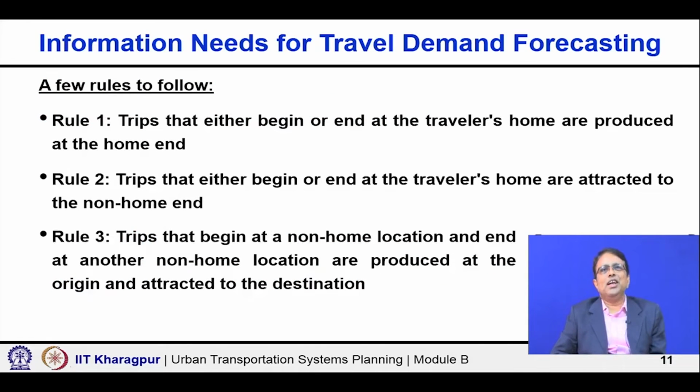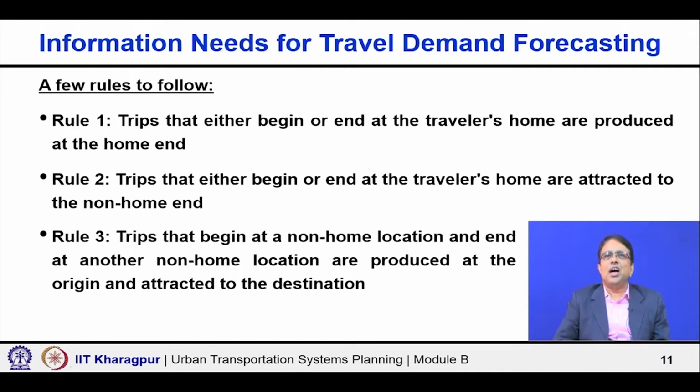I am mentioning here a few rules which will be very important for you. Rule 1 is trips that either begin or end at traveler's home are always produced at the home end. So, if origin or destination, any one of these is the home end, then the trip production is always at the home end.